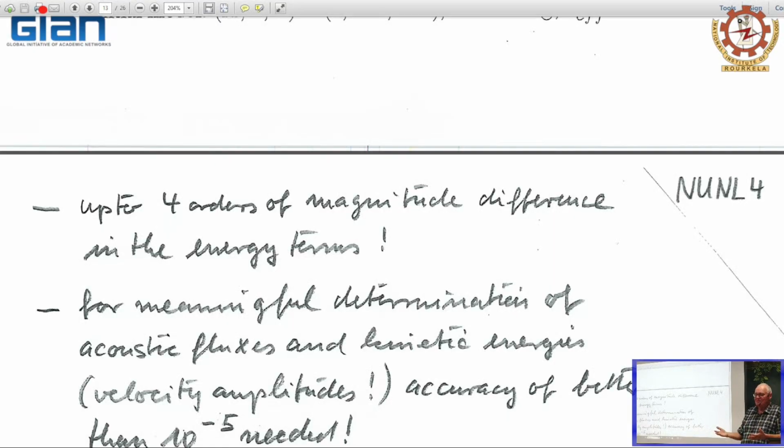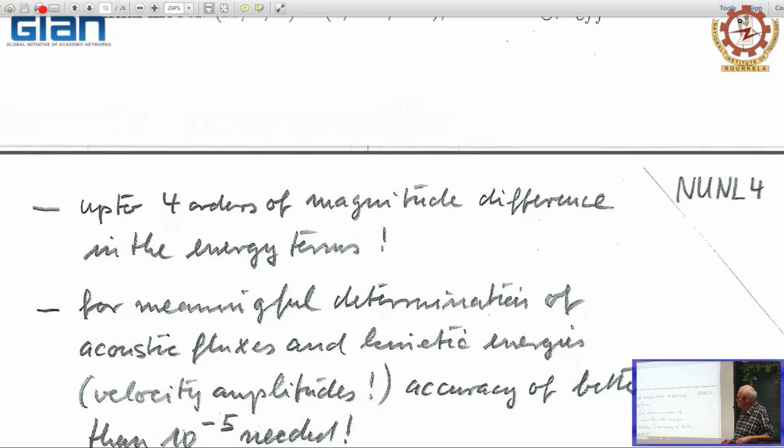The pulsation is essentially represented by its kinetic energy. And if we make an error in the gravitational energy of 1%, then this error is of the order of the kinetic energy, and our calculation is no longer meaningful. So we are interpreting errors once we are interpreting these simulations, and it may become as difficult as having up to 4 orders of magnitude difference between the various types of energies.